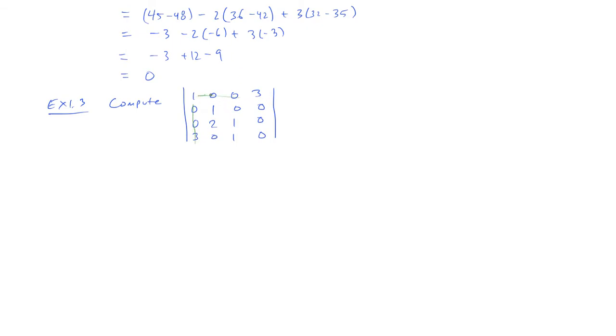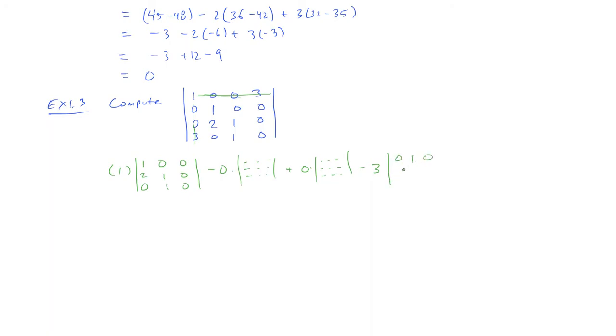So take that first element in the first row, which is 1, multiply by the submatrix determinant, which is this. And then we have minus 0 times something, plus 0 times something, minus 3. I'm not going to fill these matrices in because 0 is going to make them 0.